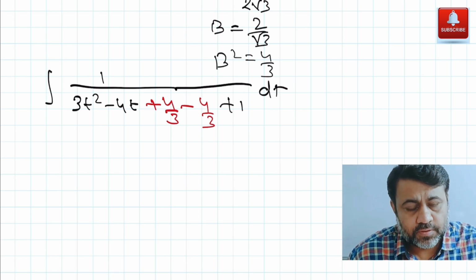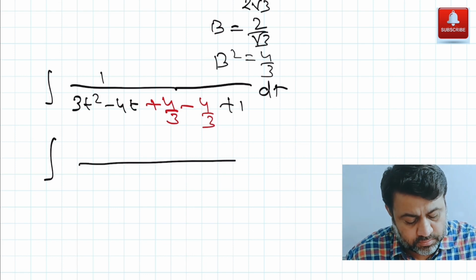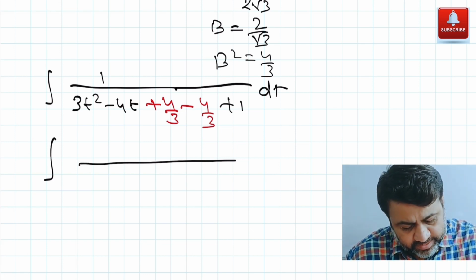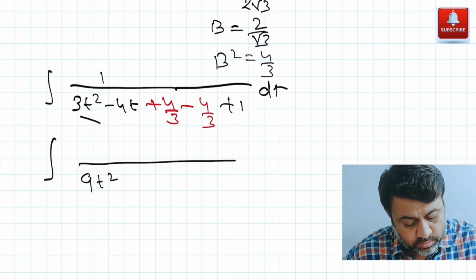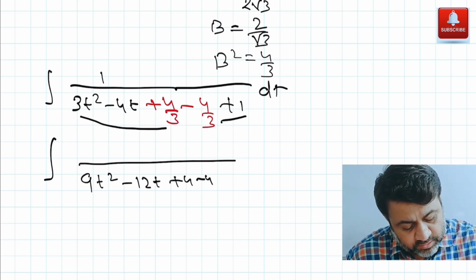Simplify this. So if I simplify this, what I get is I'm taking LCM in the denominator. So we get 9 times t square, this 3 and 3 is multiplied, minus 12 times t plus 4 minus 4, and this 3 is multiplied with 1 also, so we get plus 3.